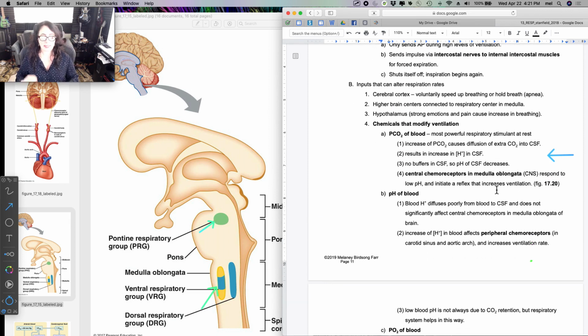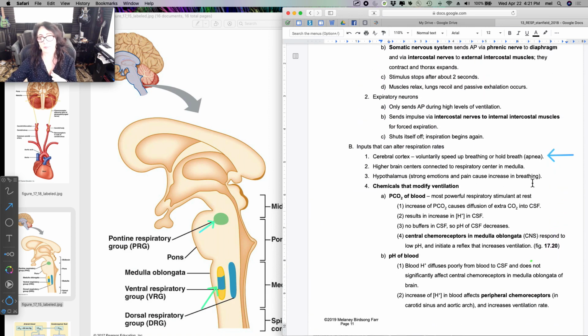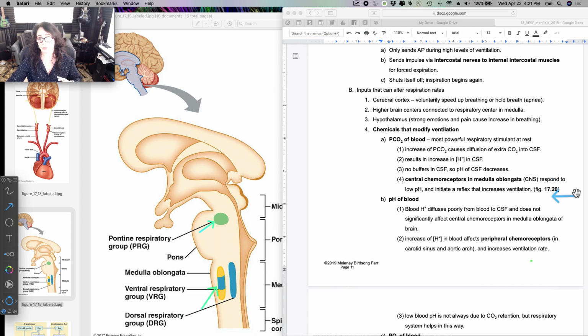Interestingly, with the respiratory system, more powerful than low oxygen is high carbon dioxide, in part because high carbon dioxide will, of course, change the pH, which has body-wide implications. So the most powerful respiratory stimulant when you are at rest is actually PCO2, not PO2.